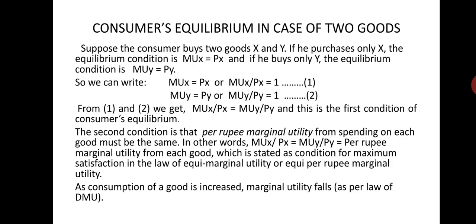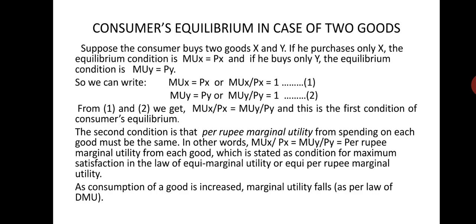Remember it. This is the condition. MUx upon Px must be equal to MUy upon Py must be equal to per rupee marginal utility from each good, or MUM, marginal utility of money, which is stated as the condition for maximum satisfaction in the law of equimarginal utility or equi per rupee marginal utility.